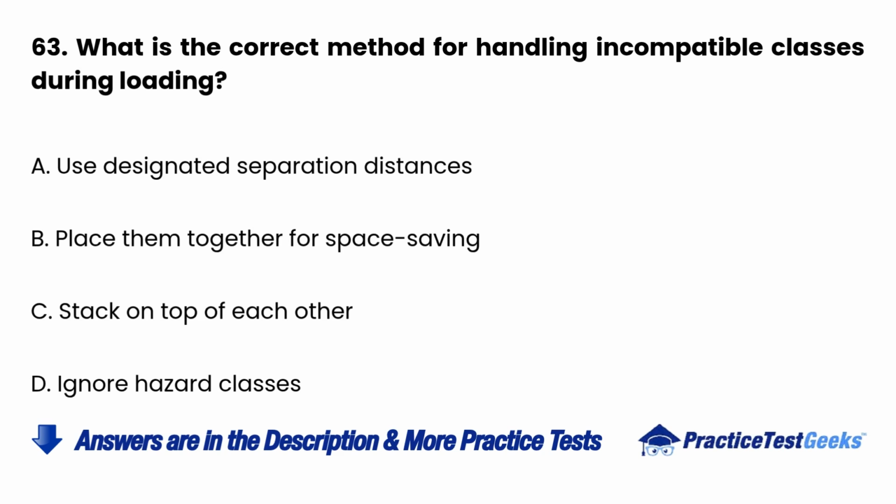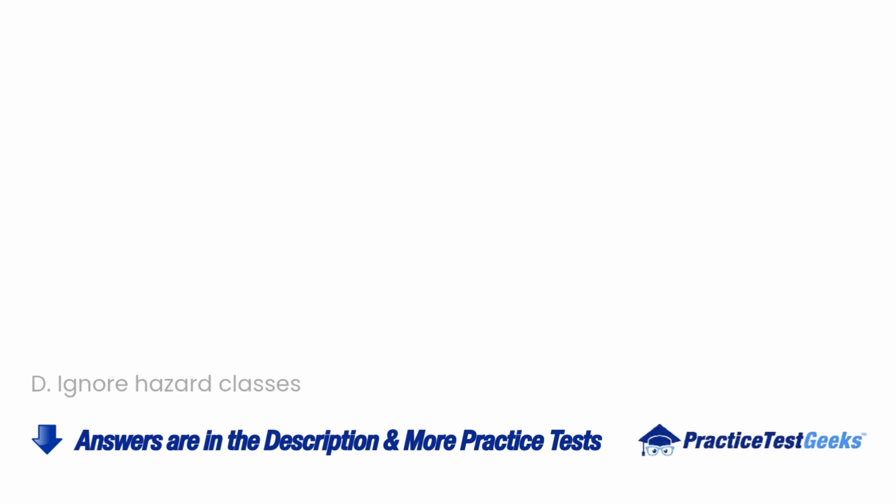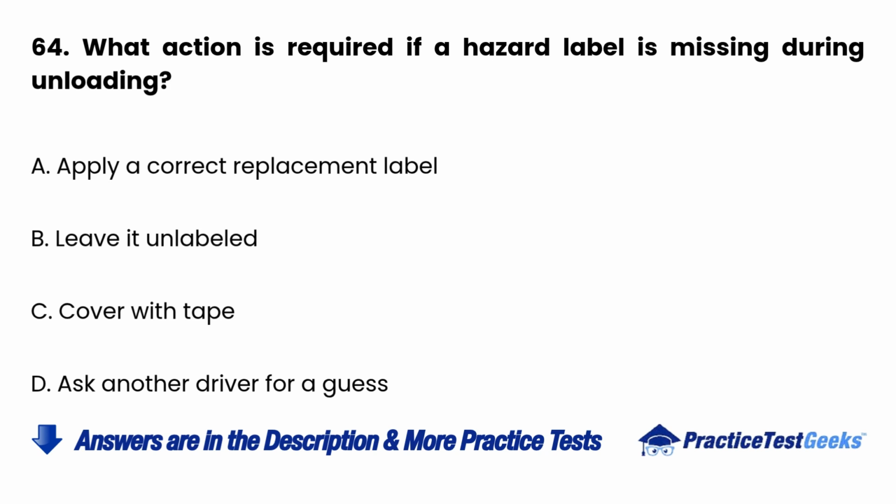63. What is the correct method for handling incompatible classes during loading? A. Use designated separation distances. B. Place them together for space saving. C. Stack on top of each other. D. Ignore hazard classes. 64. What action is required if a hazard label is missing during unloading?